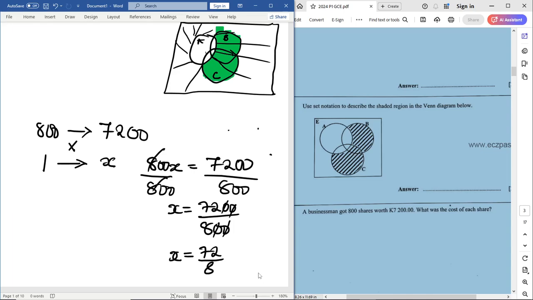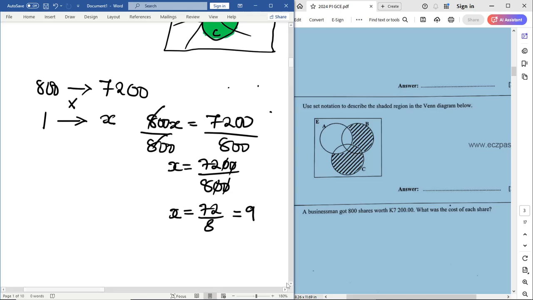Now, how many times does 8 go into 72? We know that 8 can go into 64 8 times. So if you add an 8 to 64, we're going to get 72. So our answer is simply going to be 9. Therefore, the cost of each share is simply going to be 9 kwacha.